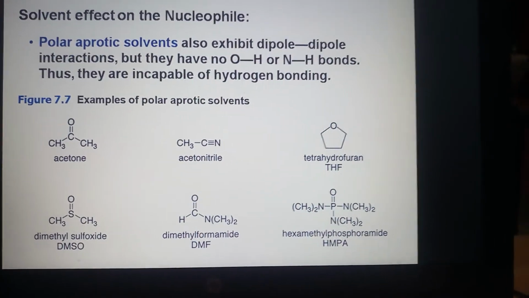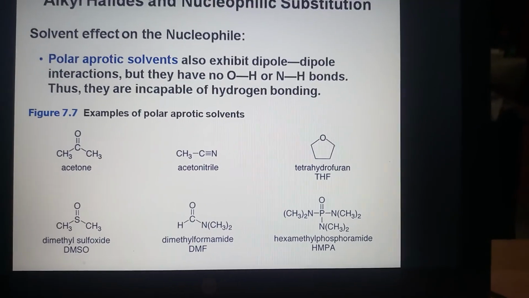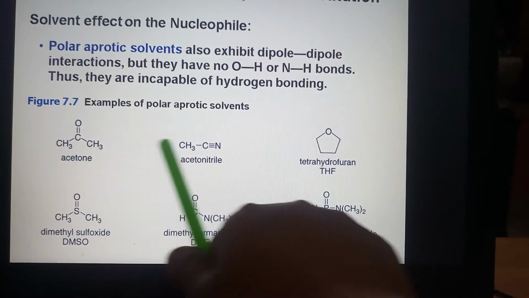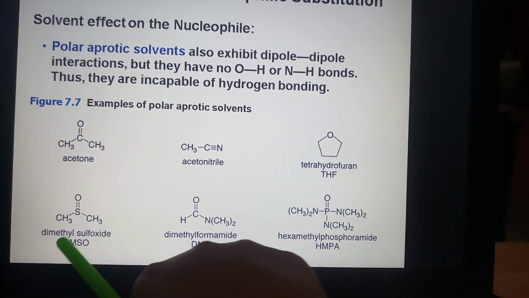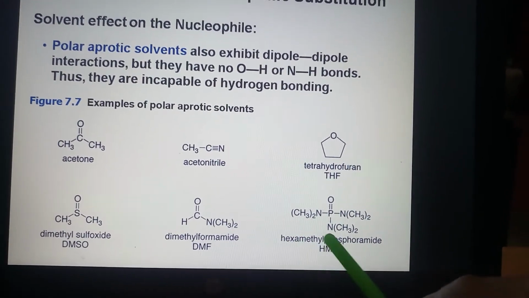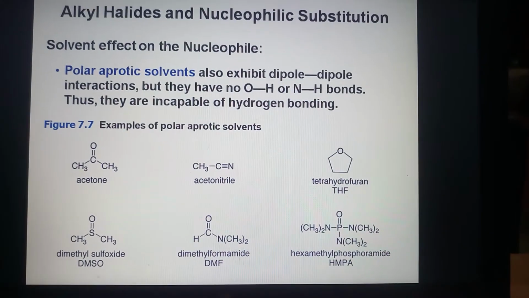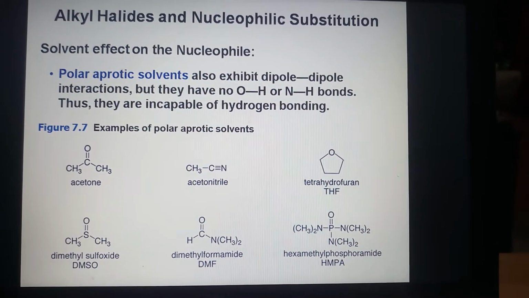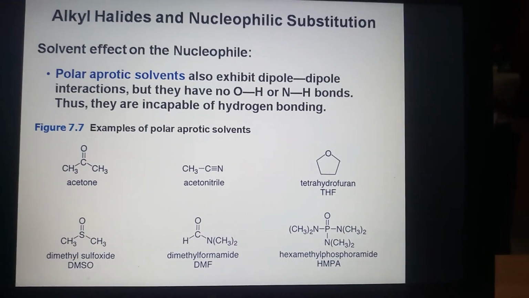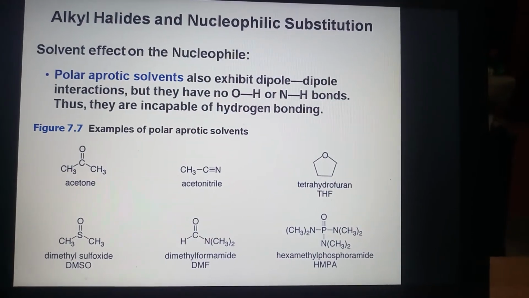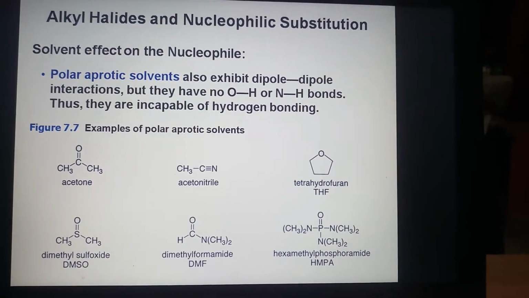Now consider polar aprotic solvents, for example acetone, acetonitrile, tetrahydrofuran, DMSO, DMF, HMPA, etc. They also exhibit dipole-dipole interactions, but they have no OH or NH bond, so they are incapable of hydrogen bonding.